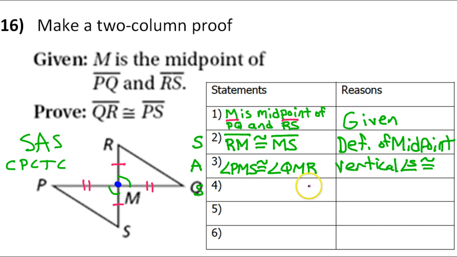So I've done a pair of sides, a pair of angles. Now it's time for another pair of sides. So I'll do the double marked ones now. PM is congruent to MQ. And again, that's definition of midpoint.